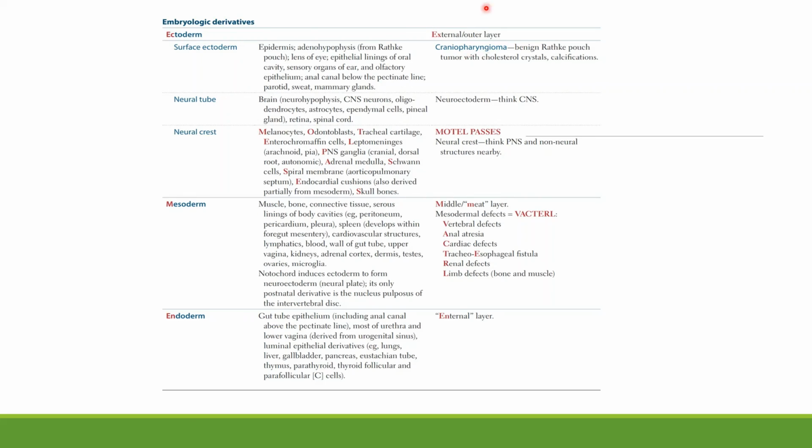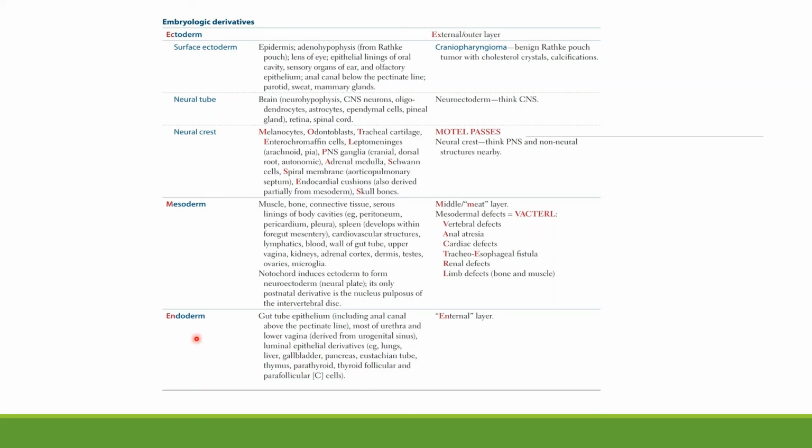Now, this image I got from the First Aid book, and it tells you the derivatives of the ectoderm, which are the surface ectoderm, neural tube and neural crest. All of them. And then there are also the structures given by mesoderm and endoderm. There are certain ones that I probably didn't talk about, like for endoderm, the formation of the gallbladder or pancreas.